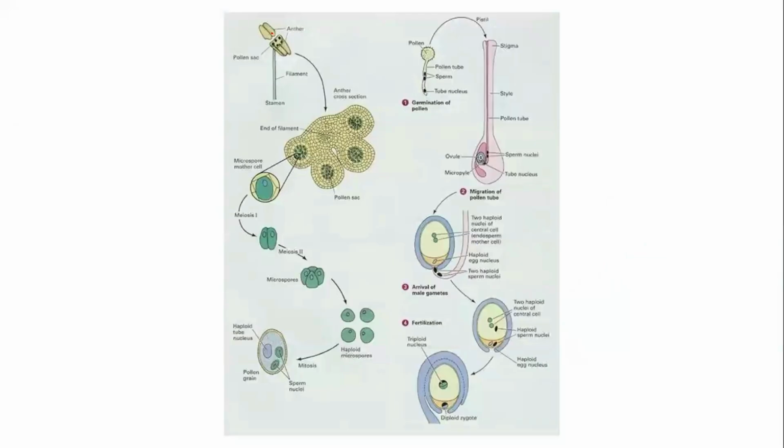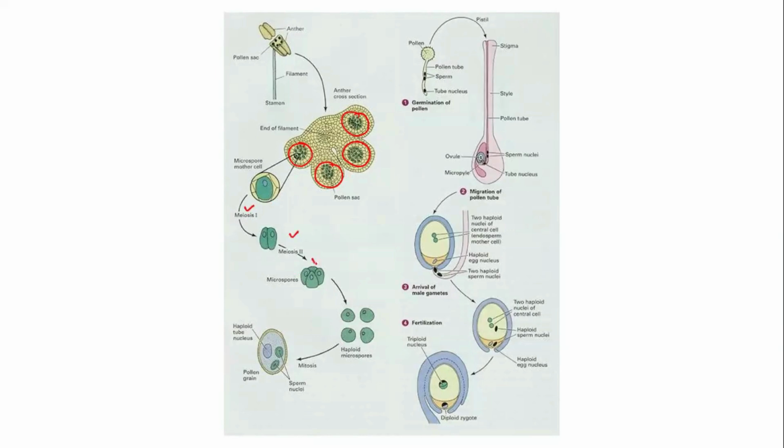So this is the summary diagram for microsporogenesis and megasporogenesis. This is the anther. The anther has four microspore mother cells inside, present within the tapetum, and they undergo meiosis 1 and meiosis 2 to produce the tetrads.